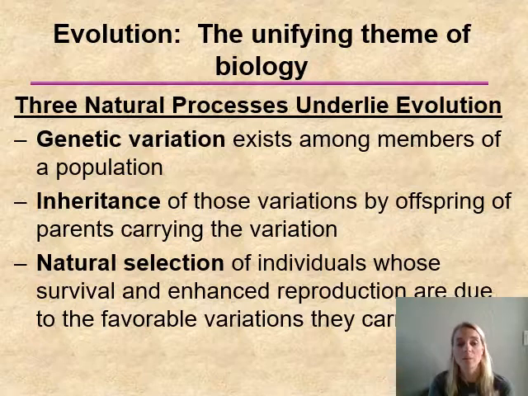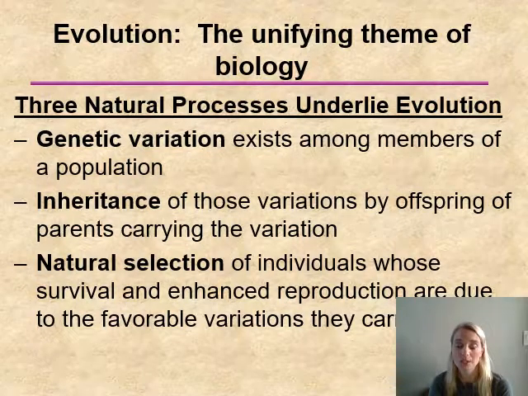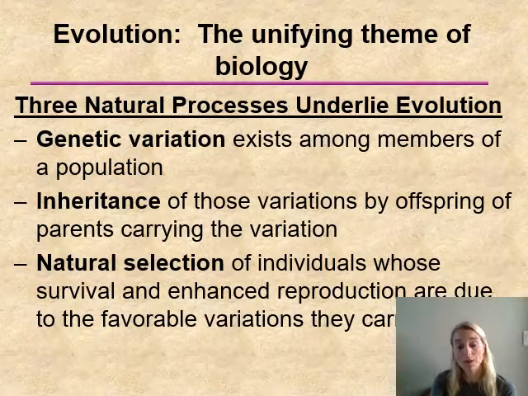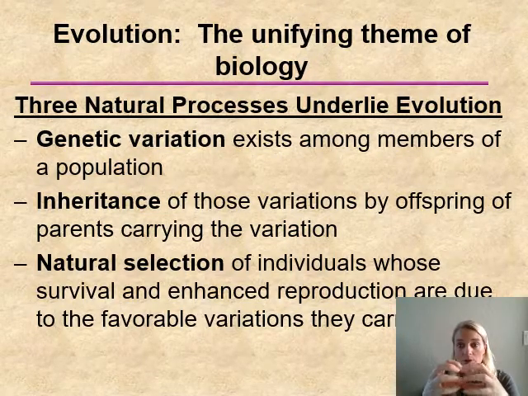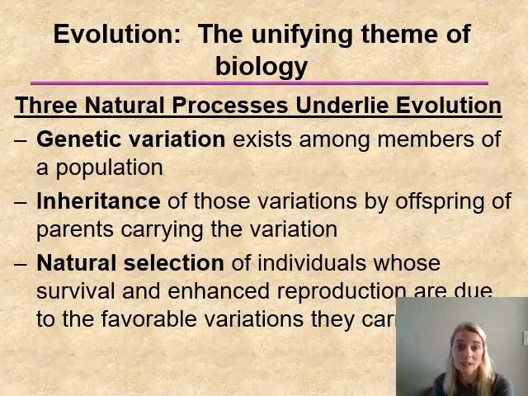These basic concepts, these natural processes that allow evolution to happen, there are three of them listed here. Genetic variation, which means organisms are different. They can be different because of that sexual reproduction we just talked about, or even those bacteria or the amoeba that just copy their DNA and clone, sometimes there are mistakes.